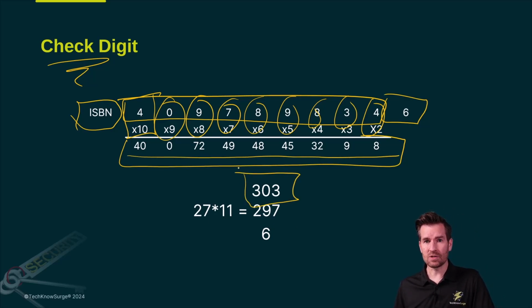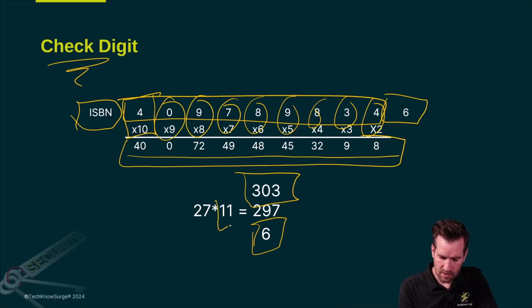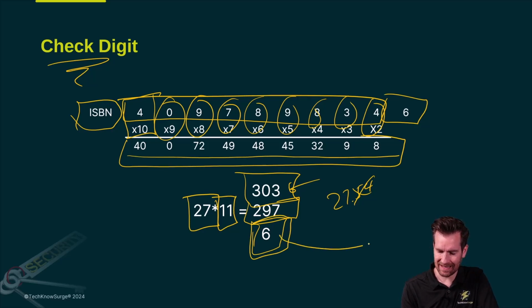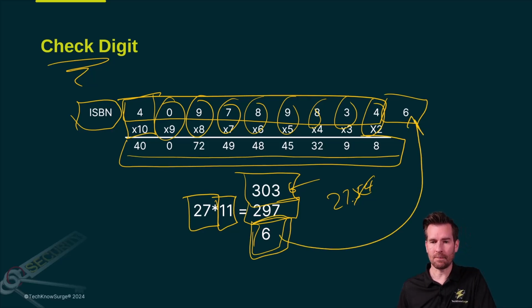Now you're going to find a remainder, dividing that number by 11, which comes to 27.54 something. So we drop the end off of it. We see 27 times 11 is 297, and we come up with the remainder, which is 6. Well, that's what's going to go up right here.